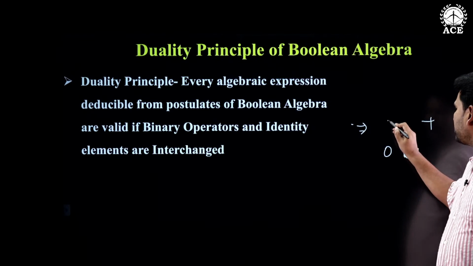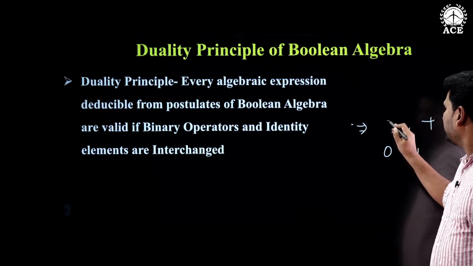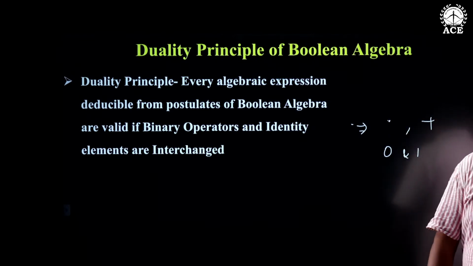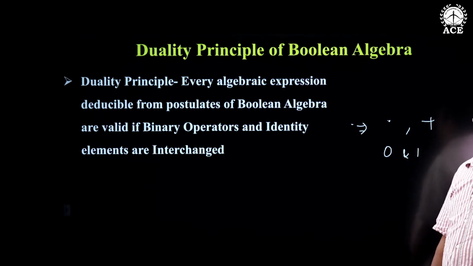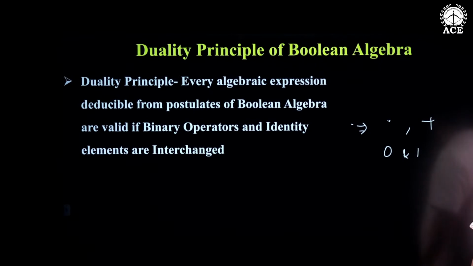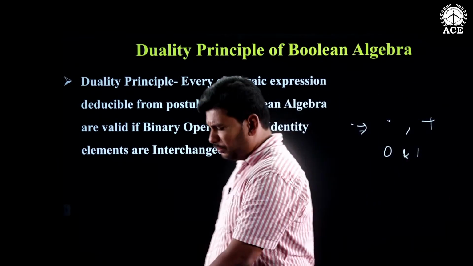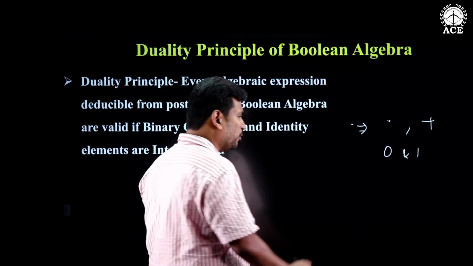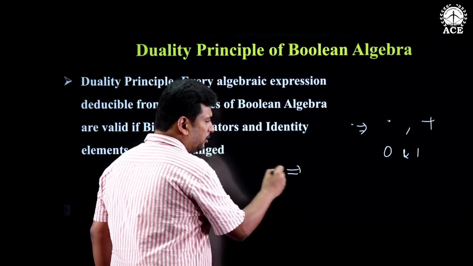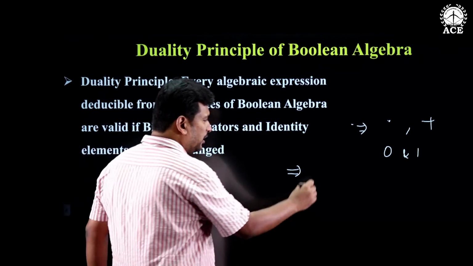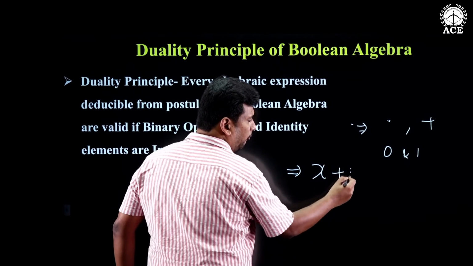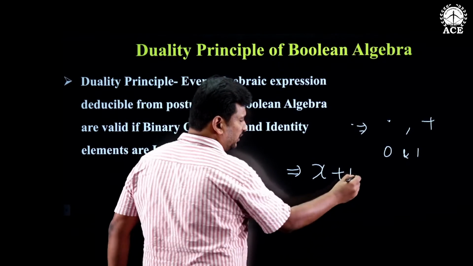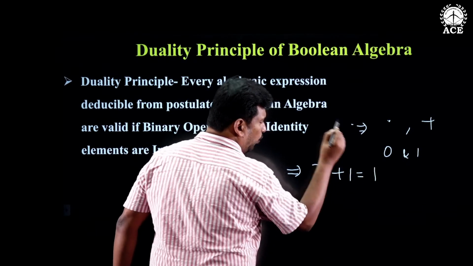So the AND and OR operations are called operators, and 0 and 1 are called identity elements. Now, what do you mean by duality? Sounds clear? Look at the board. First, if you have the expression X OR 1 is equal to 1.